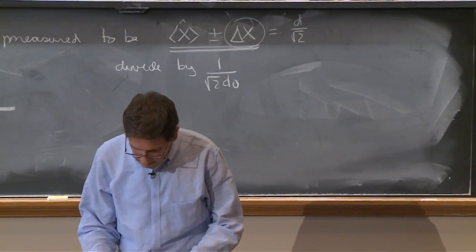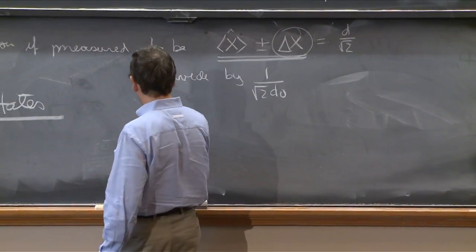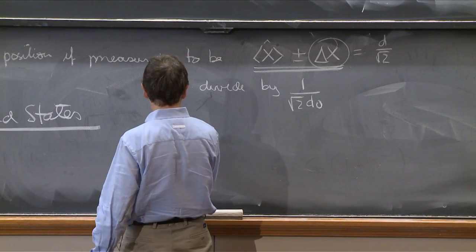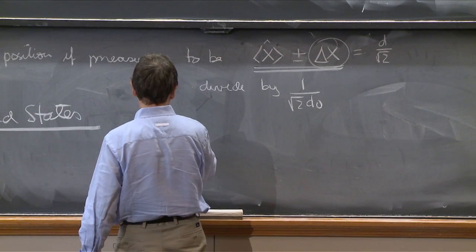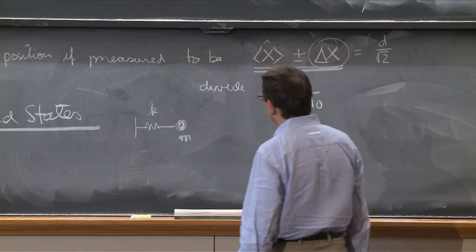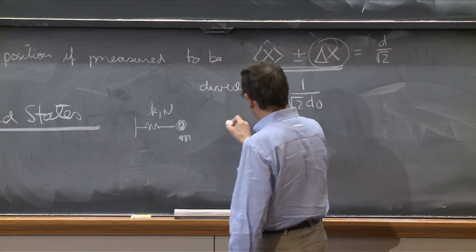The way we're going to motivate it is by imagining that you have a harmonic oscillator, a particle of mass m, and some spring k, or an omega. And there's a Hamiltonian.